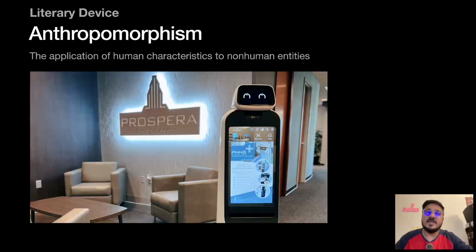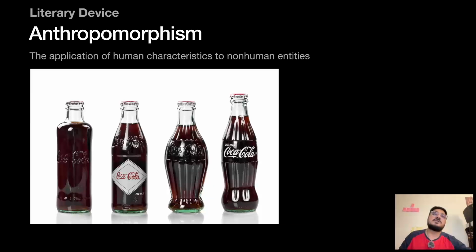So we can use this principle whenever we are creating any product, any UI, any experience. Humans love humans in a way, and humans can make bonds easily with human-like entities.